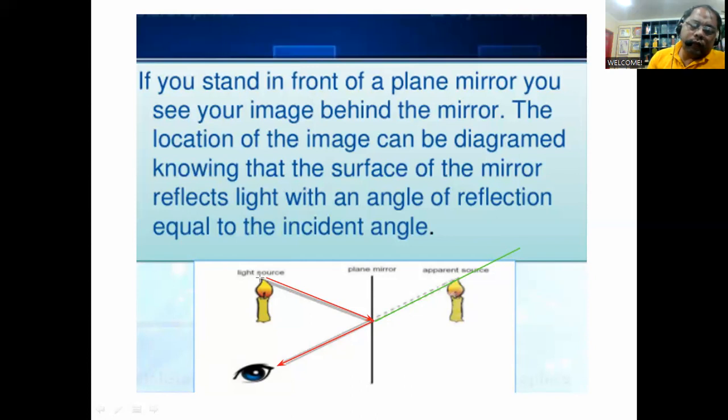Again, one is a light that could probably come from here, and then it could also reflect back.